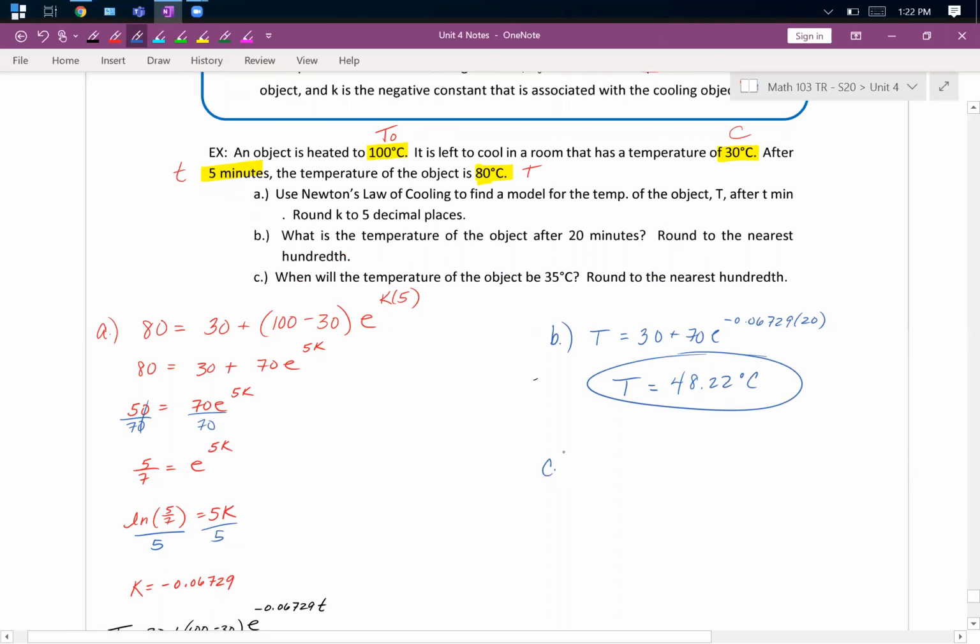And then in part C, we had to plug 35 in for our big T and then solve for little t. So we want to know how long it's going to take for it to cool down to 35 degrees.